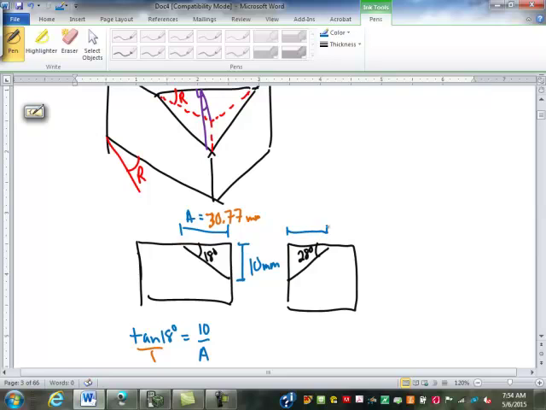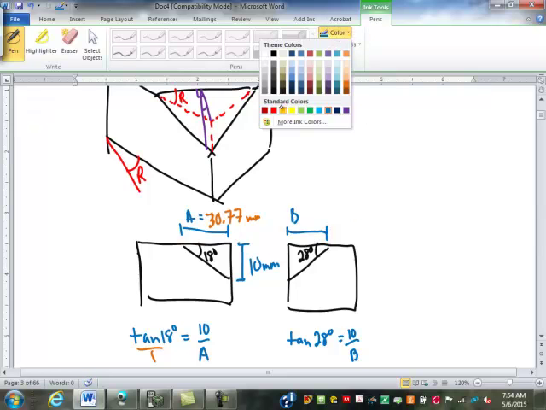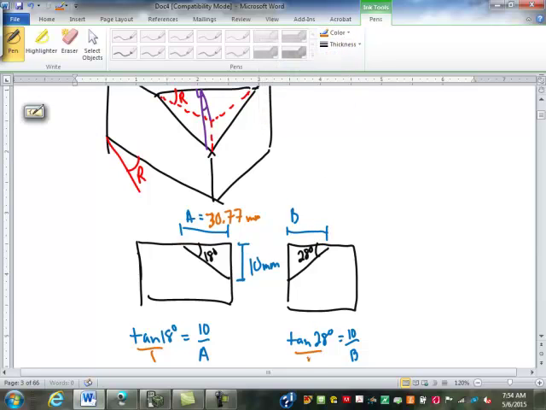Over here, similar thing. Tangent of 28 degrees equals, if I call that B, it'll be 10 over B. So 1 times 10 is 10 divided by tangent of 28 is 18.81. There we go. Now what?